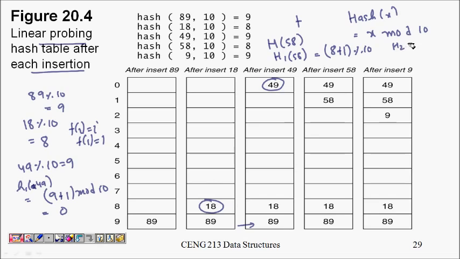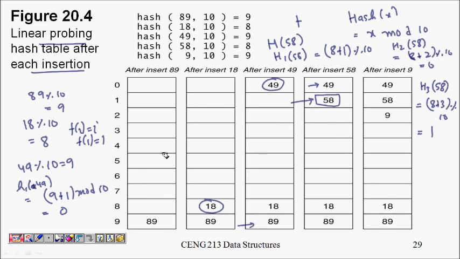It will try h2 of 58, which is 8 plus f(2), that is 2, so 10 modulo 10 is 0. Again it finds a collision here also. So these two collisions it finds. So h3 of 58 is 8 plus 3 modulo 10, so it becomes 11 modulo 10, which is 1. So now 58 comes to this place.